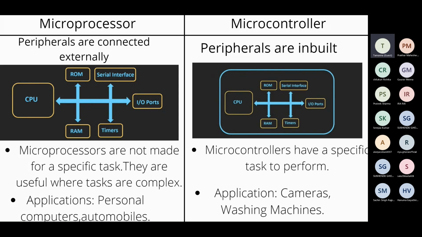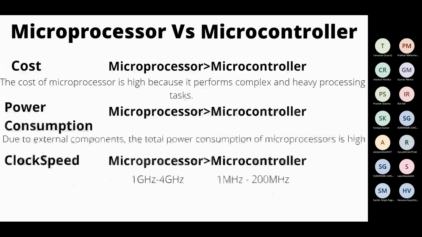Some other differences are the difference in cost. The microprocessor does complex tasks and it is meant for heavy processing. That's why the cost of a microprocessor will be more than a microcontroller. In the case of power consumption, the power consumption of a microprocessor is greater than a microcontroller because the components are connected to it externally.